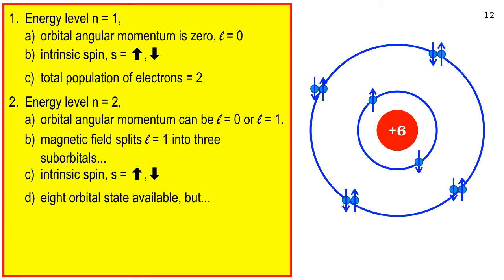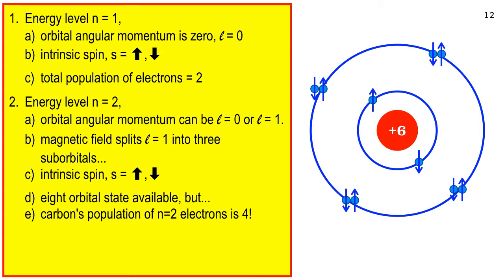So there's 3 suborbitals, 2 each, and then L equals 0, 2 each. And so you have a total of 8 orbital states available, but for carbon, you only have 4 electrons up there. And this is an important factor.